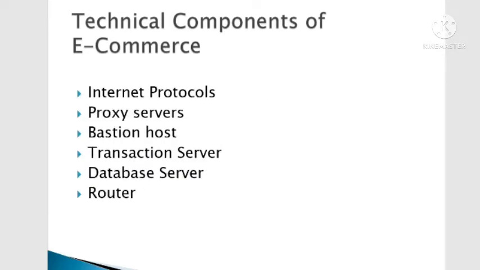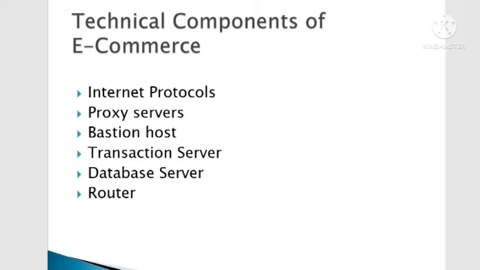Next are internet protocols. Now what are protocols? Protocols are a set of rules and regulations. For every task there are some rules. For example, if you want to visit a particular website, you have to give your email ID or your phone number to access it, because that is its protocol. If you don't give the information, it would not allow you to have access.